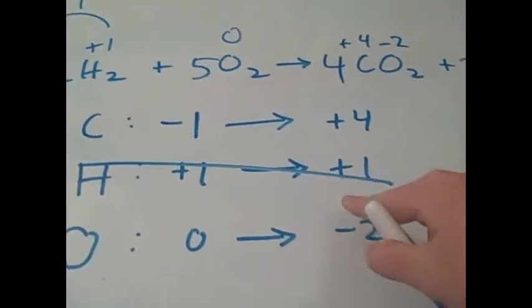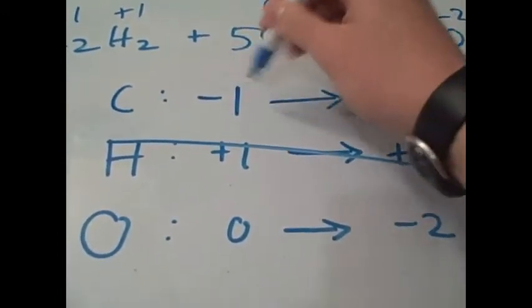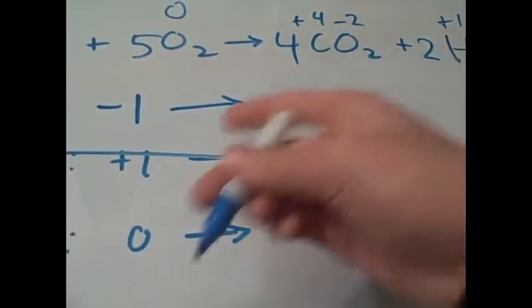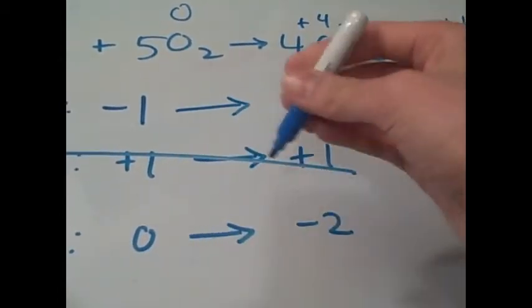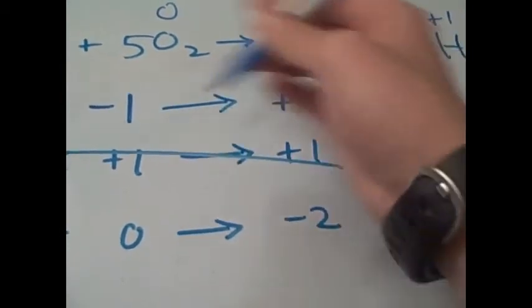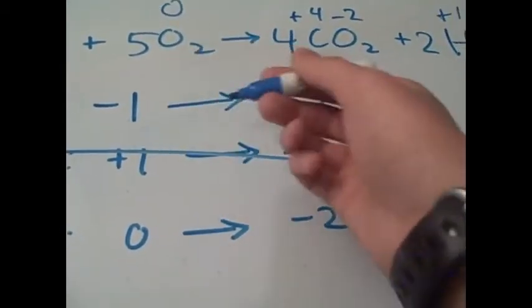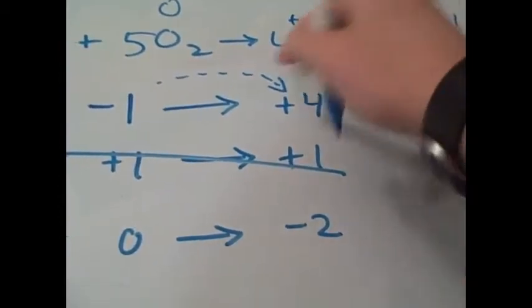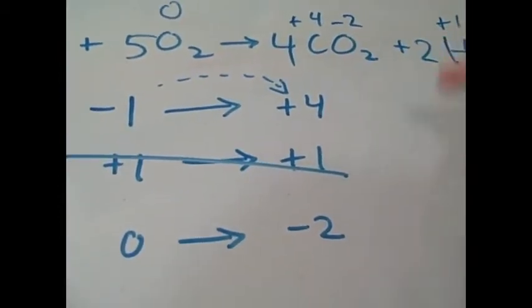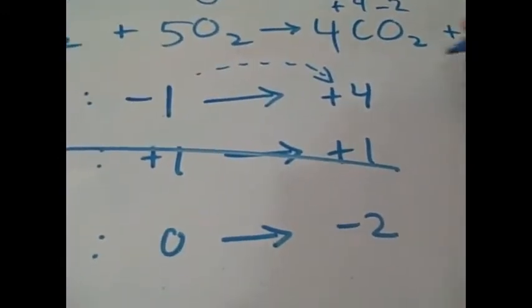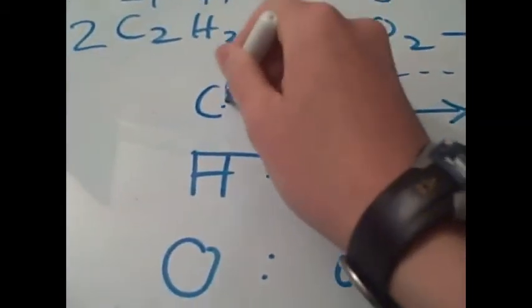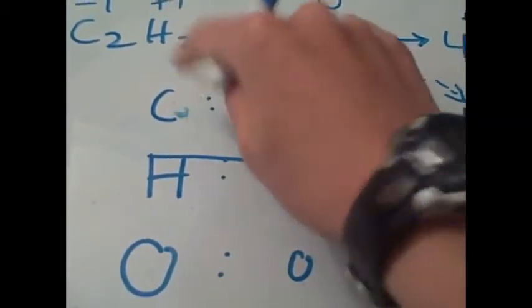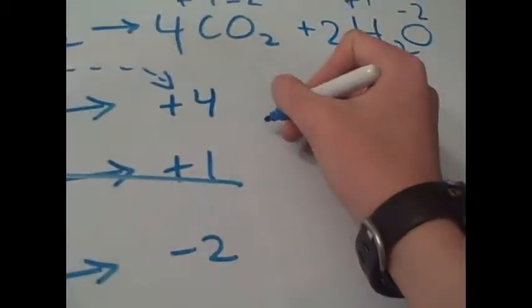So if we look back at OIL RIG, this one is going up. It's getting more positive, which means it's actually losing electrons, because electrons are negative. If it goes up in number, it's losing electrons, and from OIL RIG, losing electrons is oxidation.